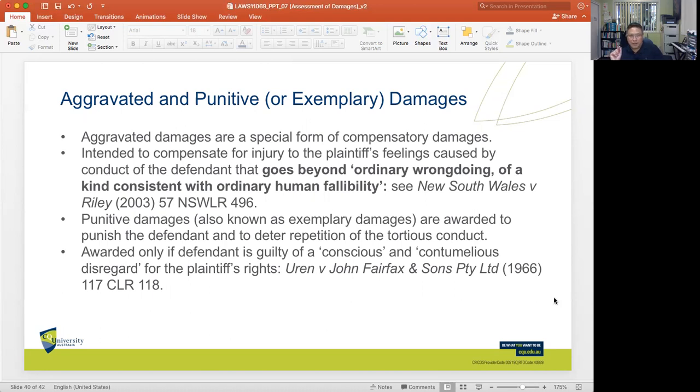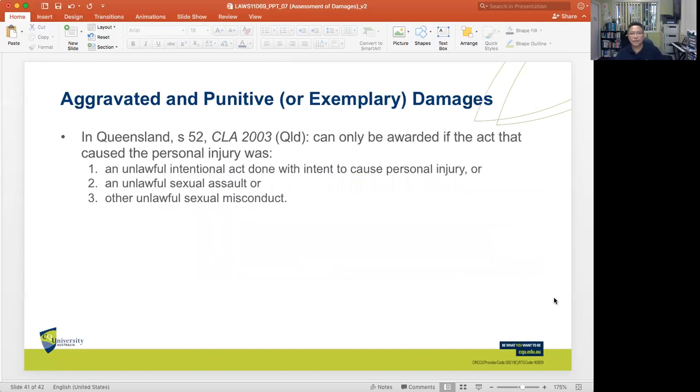So punitive damages, also known as exemplary damages, are awarded to punish the defendant and to deter repetition of the tortious conduct. It is also awarded only if the defendant is guilty of a conscious and contumelious disregard of the plaintiff's rights. Now, the rule on aggravated and punitive damages has been modified in Queensland.